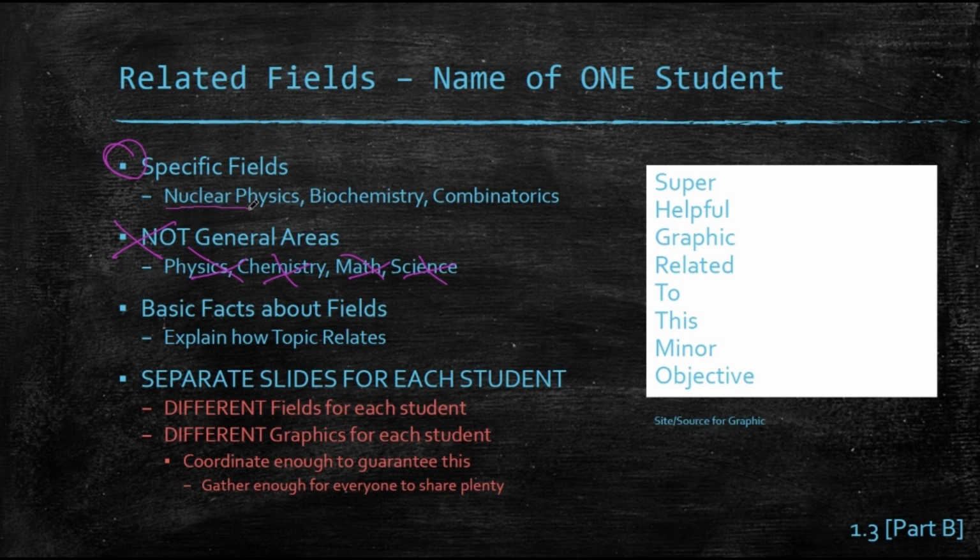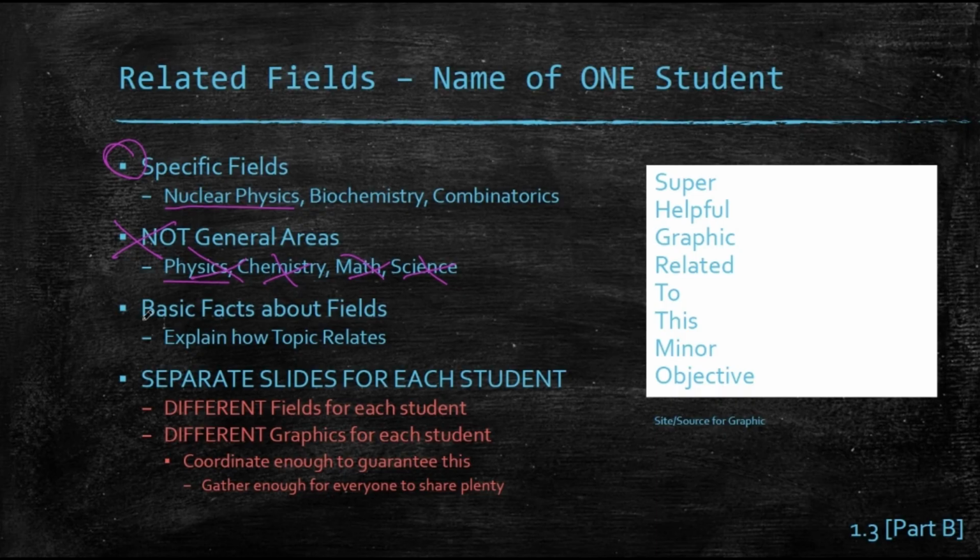However, if you talk about nuclear physics, then maybe your partners can talk about atomic physics or high energy physics or something else, and it makes it easier for you to find different topics to cover. If you say my topic is about physics, again, that's really general. That takes away the ability for your partners to have something to talk about.